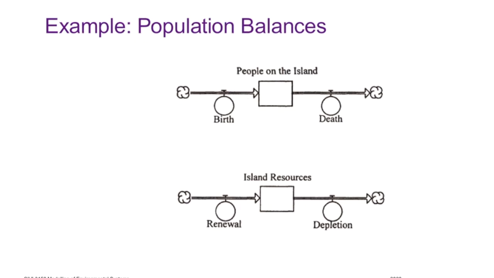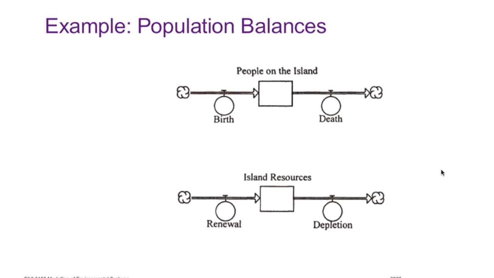But now we're going to consider another stock. In general, in environmental models, we will have more than one stock, and in some cases these stocks are interrelated. So the growth or the increase of people on the island will depend on the island resources.